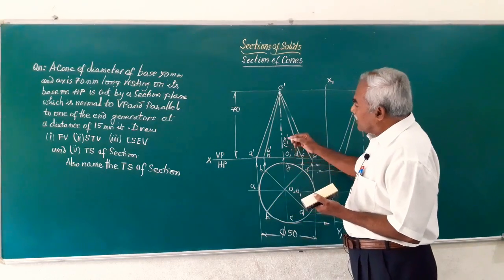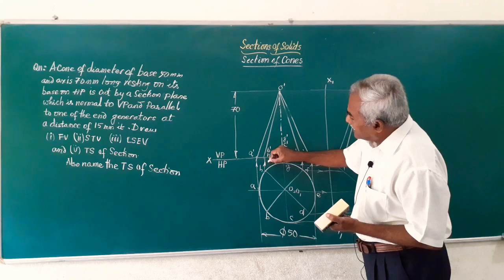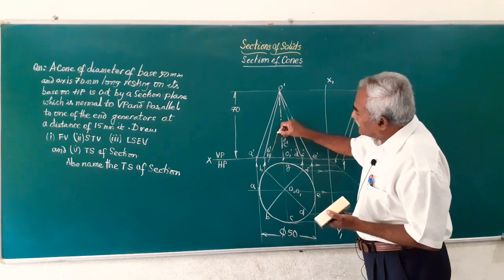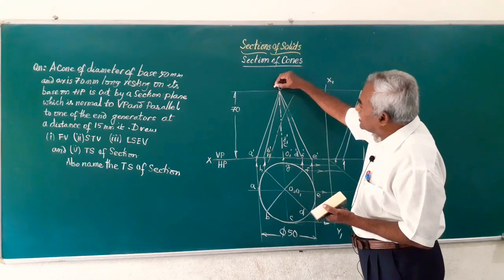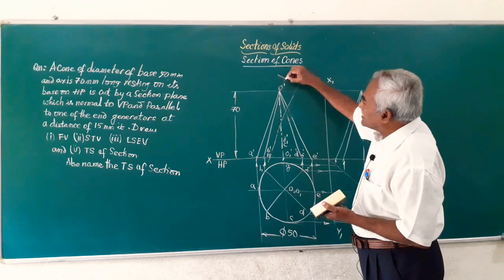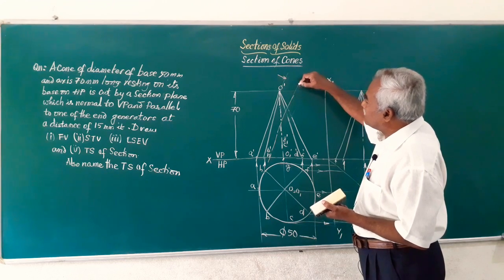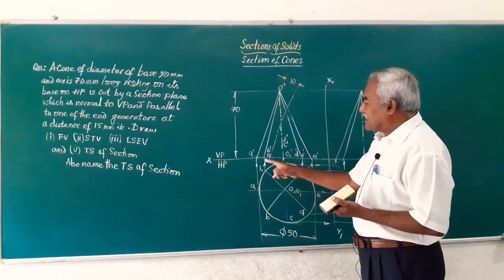So friends, we are going to draw a line parallel to this O dash A dash at a distance of 15 millimeter. Friends, when I say 15 millimeter, it should be the perpendicular distance. Perpendicular distance is 15 mm. This has to be 15. And generally students make the mistake of taking that distance here.